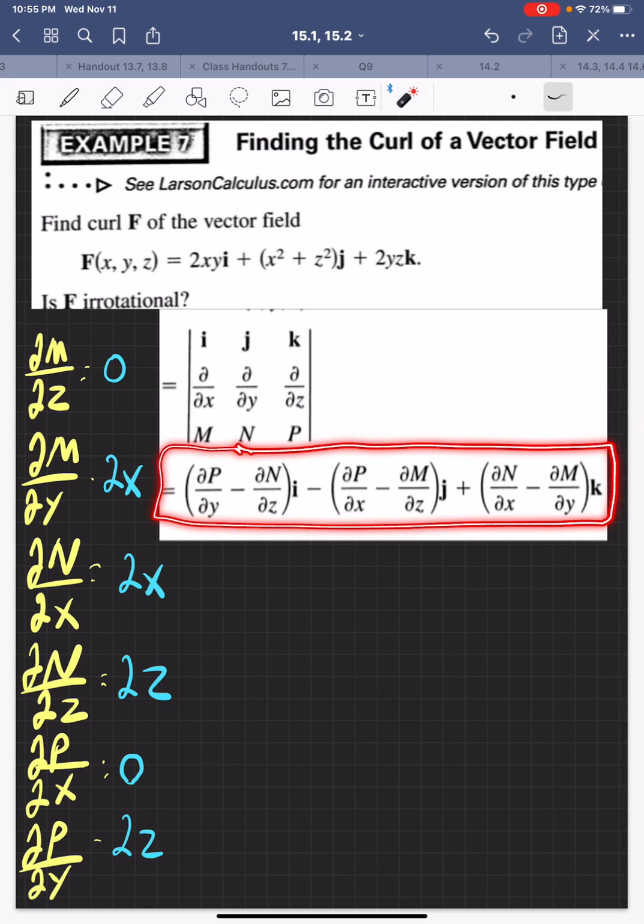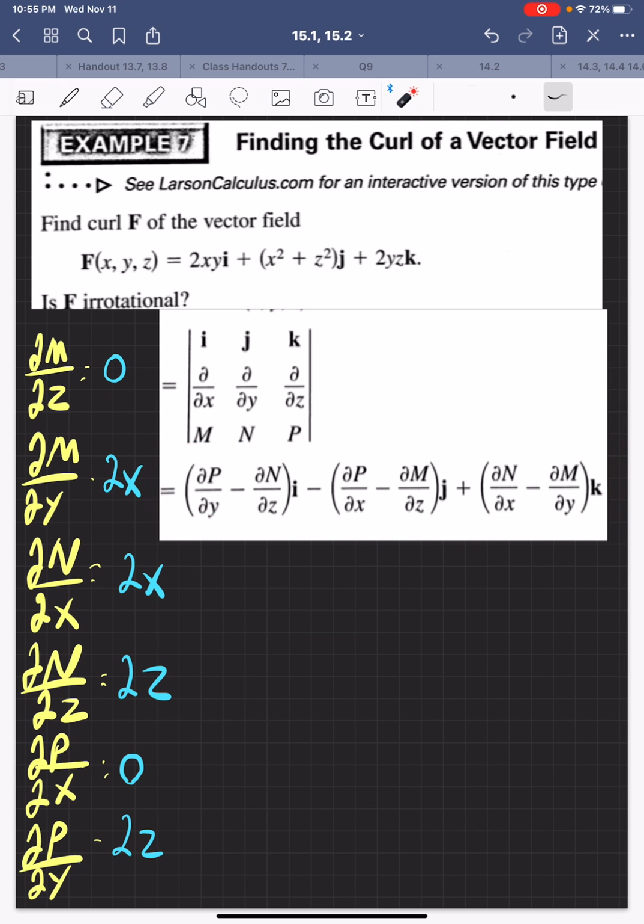And so let's start by labeling M, N, P. So M is that component, and then N, and then P. And then what we're going to have to do is take the partials of M, N, P with respect to the following variables, right? So I've already done that.